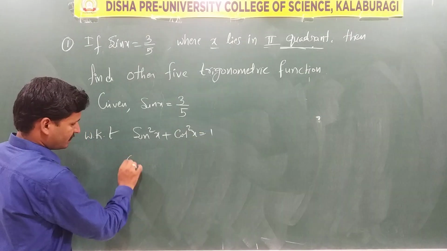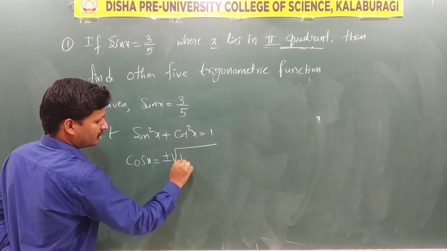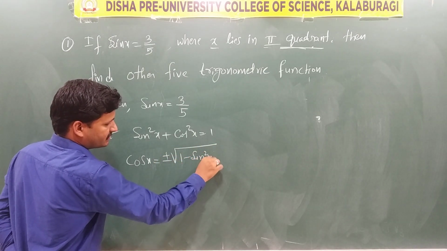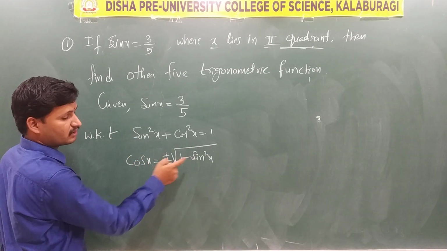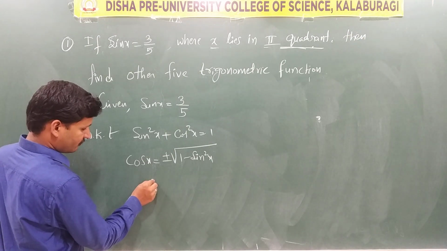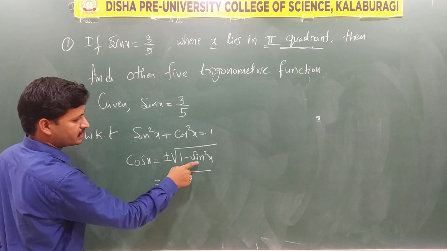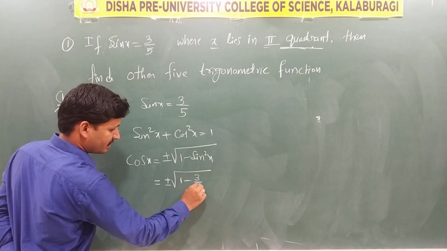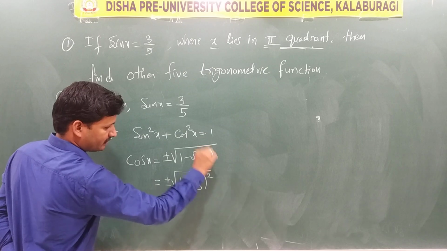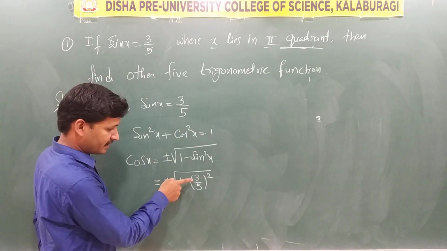Then cos x is equal to plus or minus under root of 1 minus sin square x, which is equal to plus or minus under root of 1 minus, here sin x is given 3 by 5, so 3 divided by 5 whole square. So 3 by 5 whole square is 9 by 25.